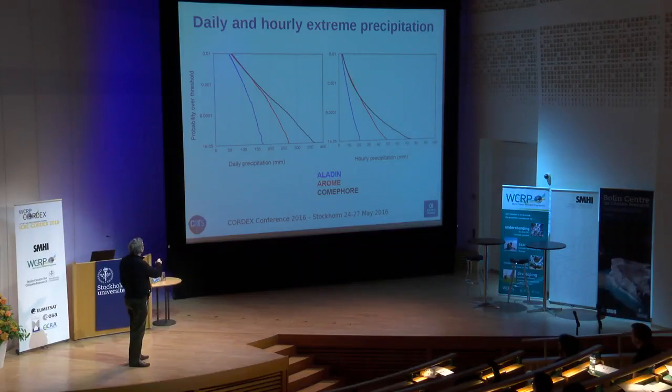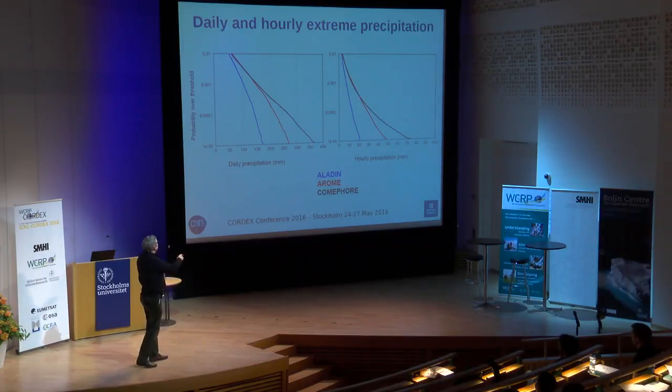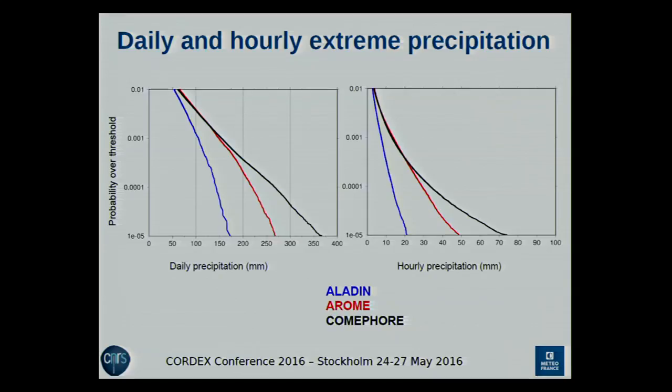And you can see, as for daily as well as for hourly, AROME and observation are nicely together until a return period of 4 years, or probability of occurrence 10 to the minus 3 to 10 to the minus 4. But from 10 to the minus 4 to 10 to the minus 5, which are very rare events, we can see that the model underestimates the intensity.